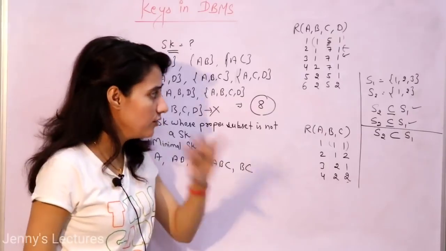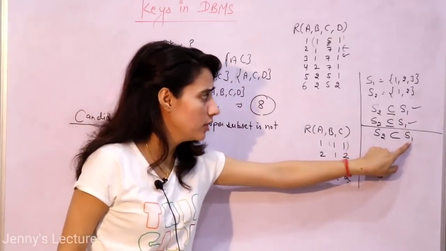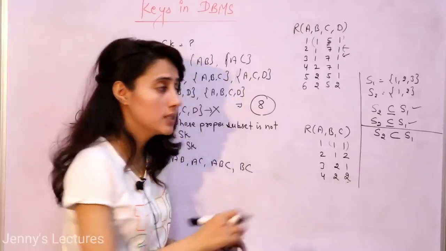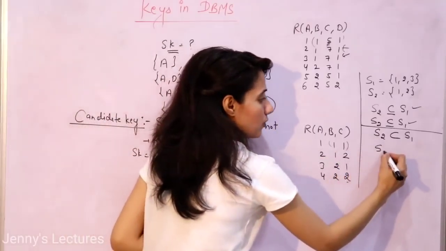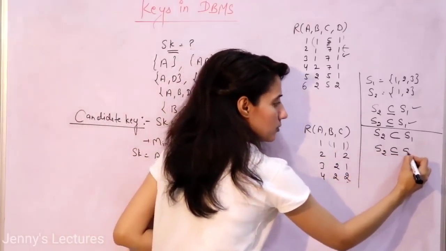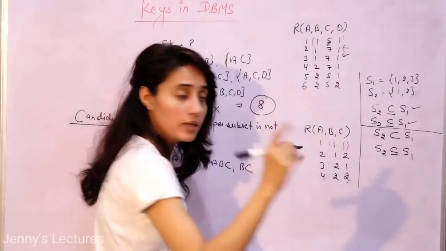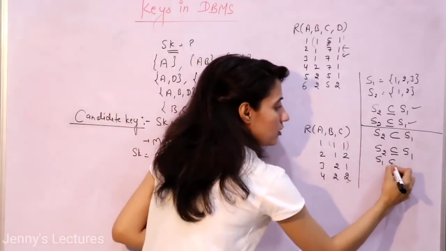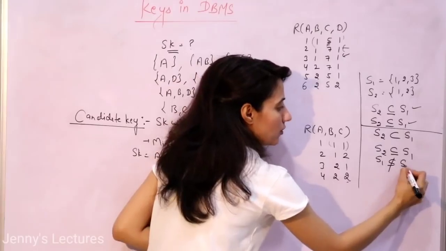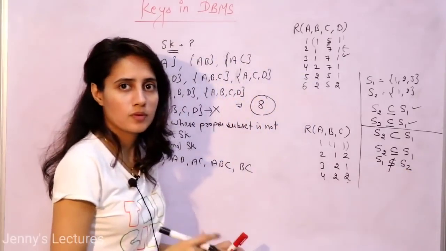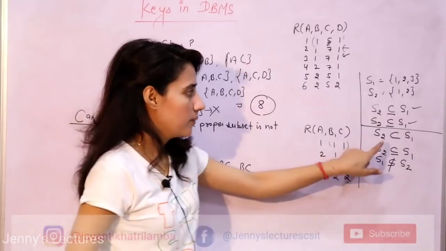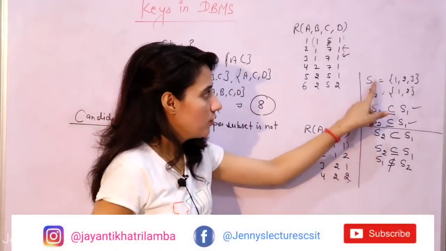It means, see, if S2 is a proper subset of S1, it means S2 is first of all a subset of S1, but S1 is not a subset of S2. This should be the case. Now here check, is S2 a proper subset of S1?